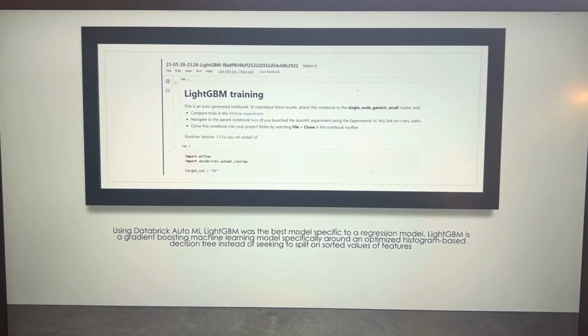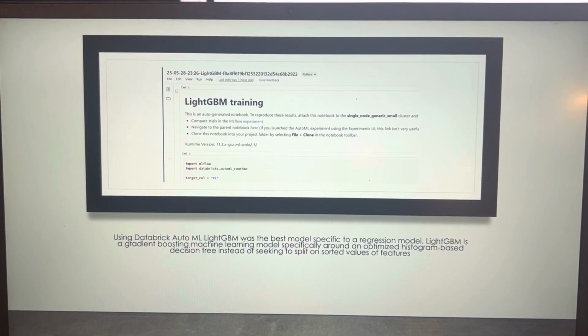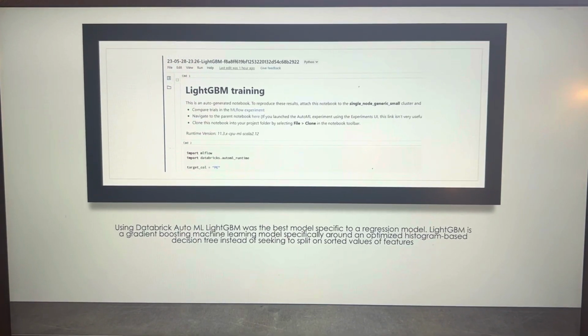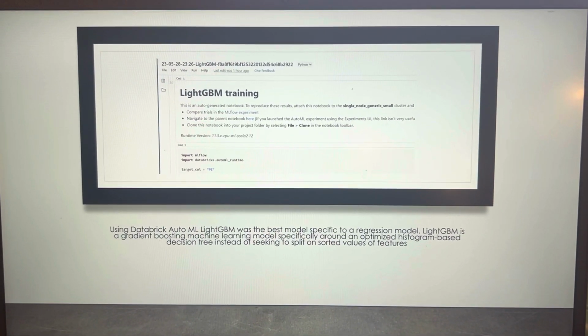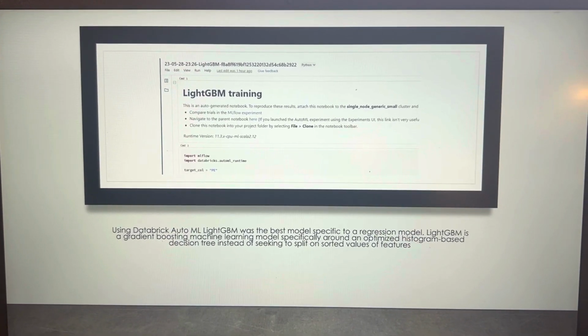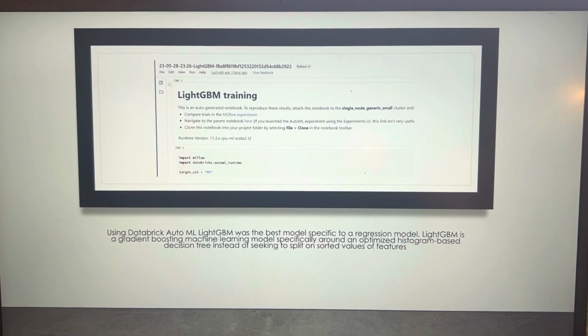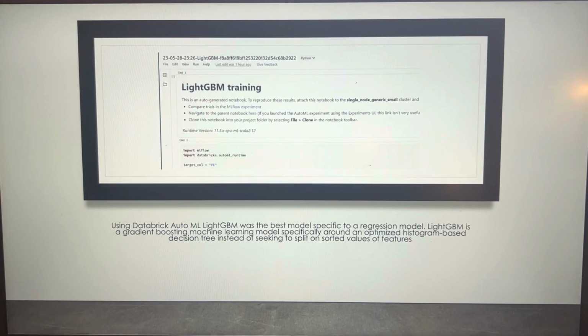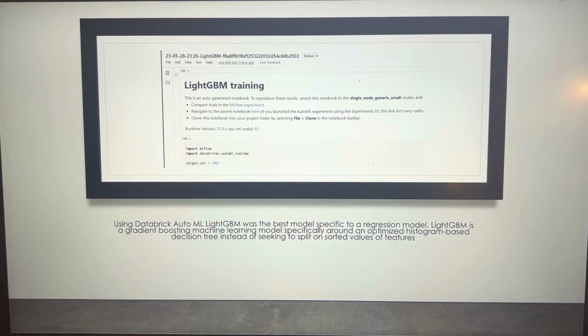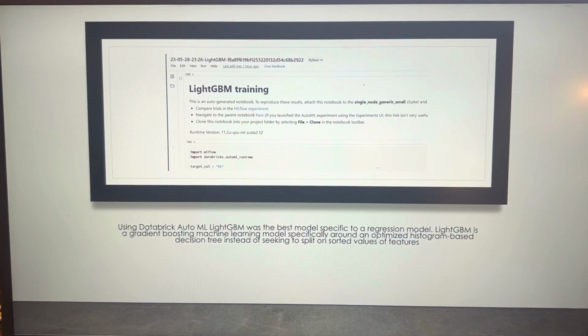It uses histogram-based decision trees, instead of trying to split on the sorted values of features, it actually forms leaves to do its selection. This is a pretty efficient model, and it ran very quickly for me, which was pretty awesome.